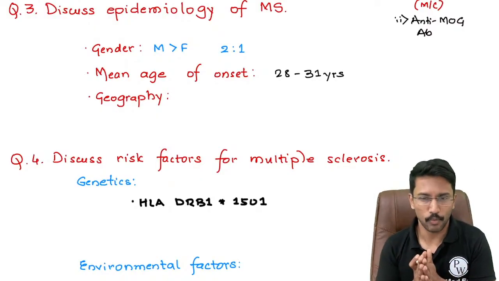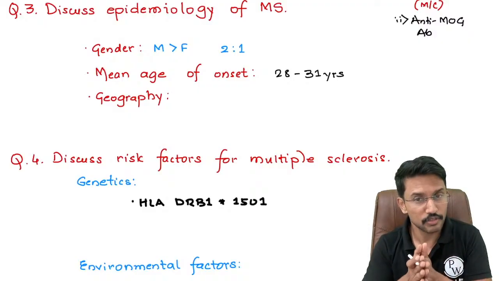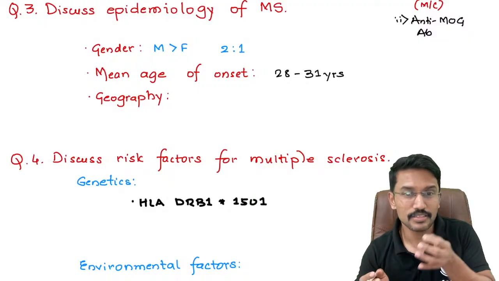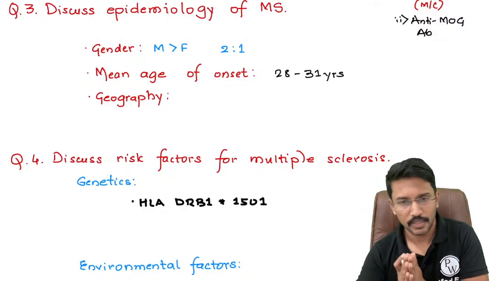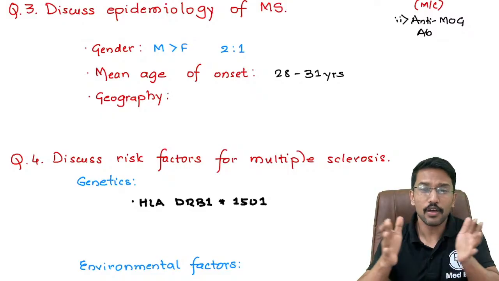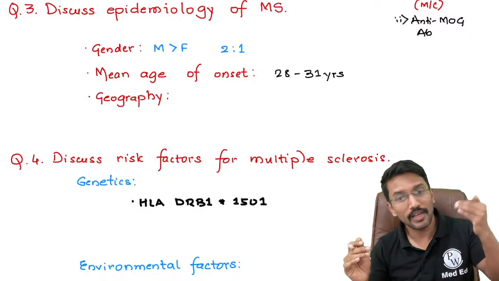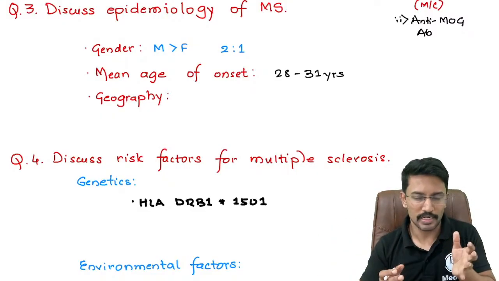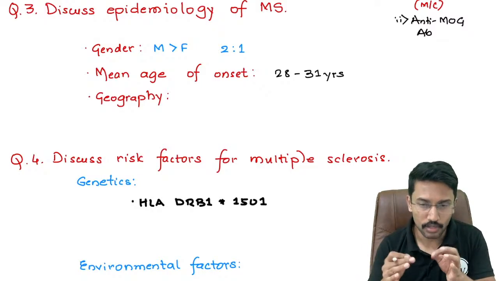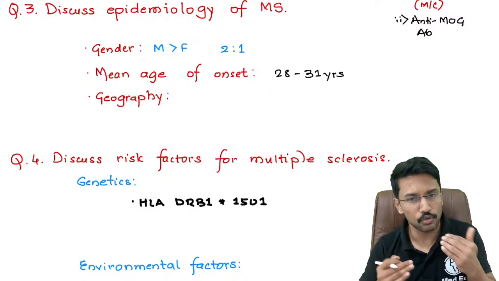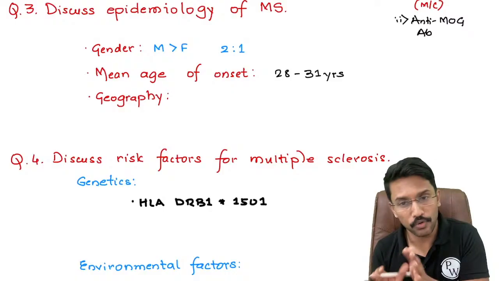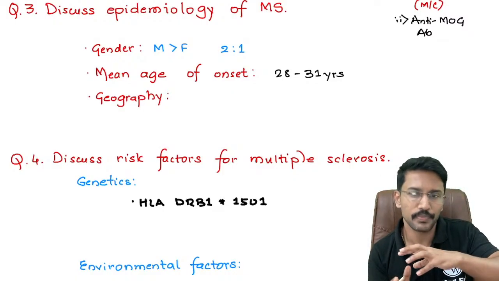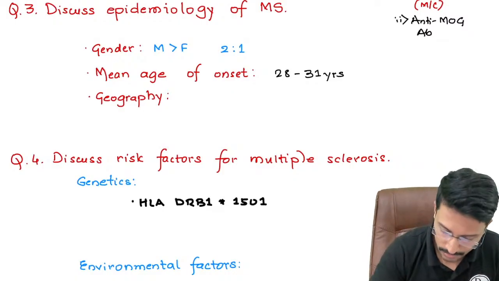And here's an interesting point. Geography plays a very, very important role in your risk of developing multiple sclerosis. The countries which are far away from the equator have a higher prevalence of multiple sclerosis compared to countries which are on or closer to the equator. Now, India being closer to the equator, we have a lower prevalence compared to the countries far from the equator.